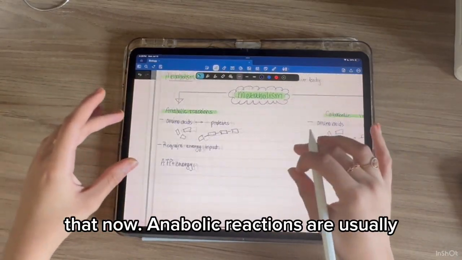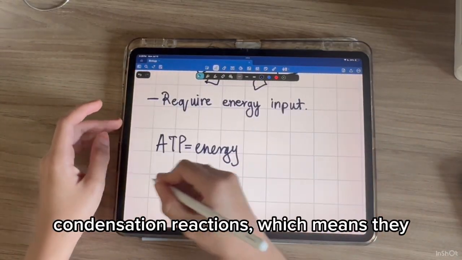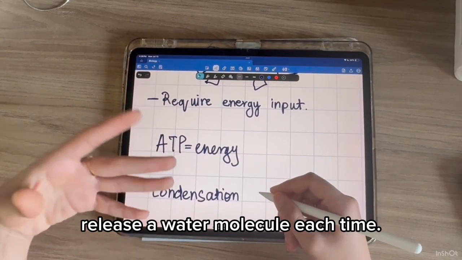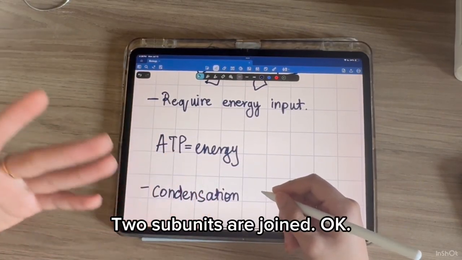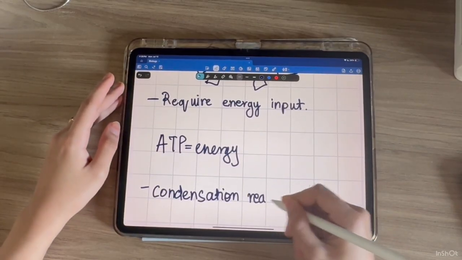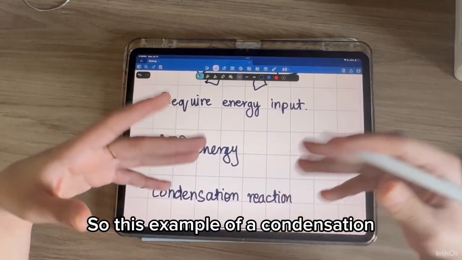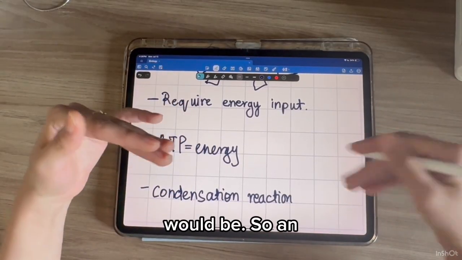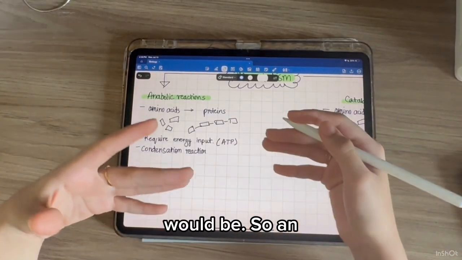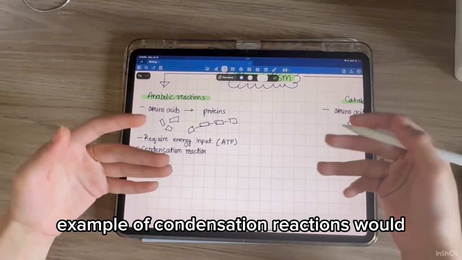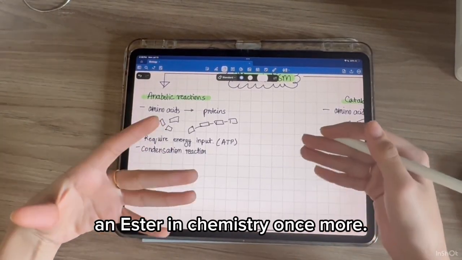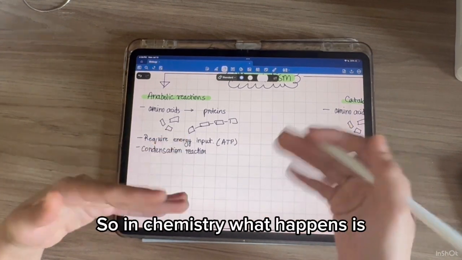Now, anabolic reactions are usually condensation reactions, which means they release a water molecule each time two subunits are joined, okay? An example of condensation reactions would be esterification, which is forming an ester in chemistry once more.